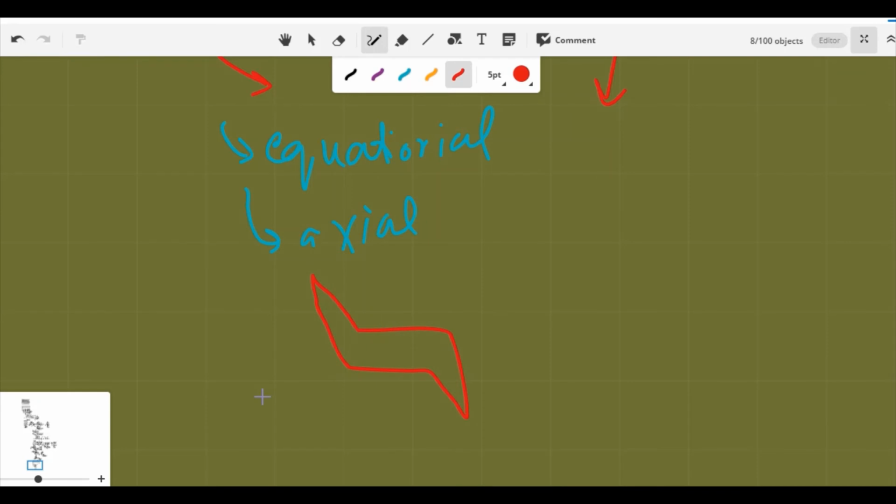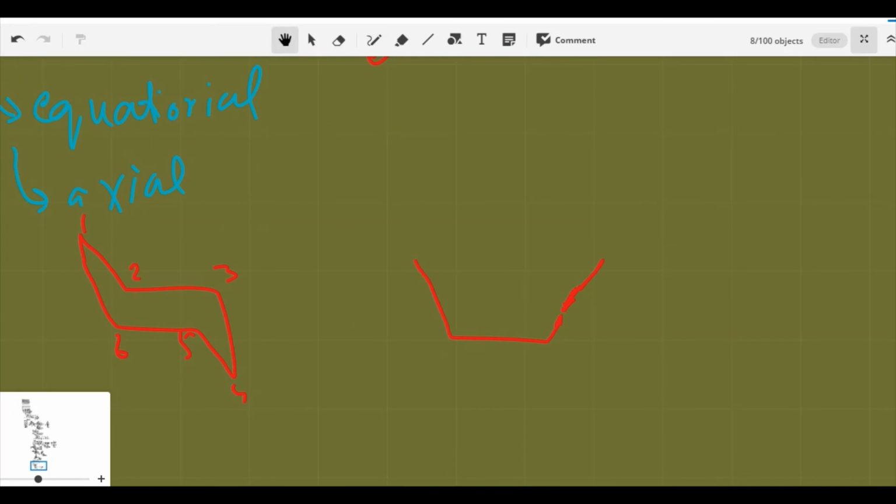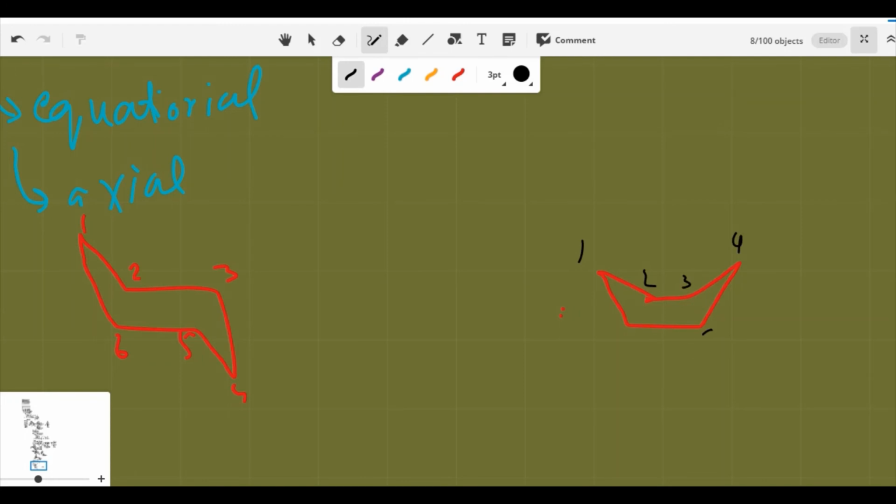That is chair conformation. Here you can see the 6 carbons, 1 2 3 4 5 and 6, while the boat conformation, let me draw it again. Here you can see the boat conformation, that again contains the 6 carbons, 1 2 3 4 5 and 6. Okay, so that is the axis.